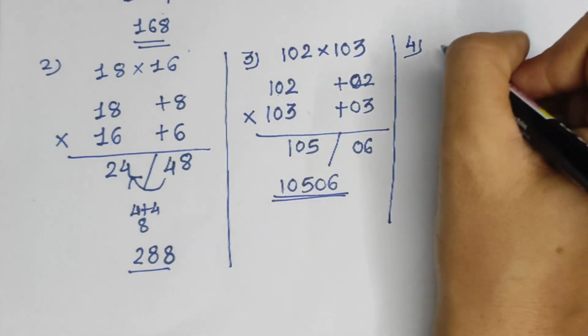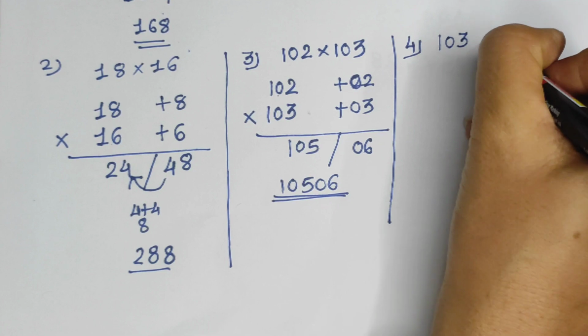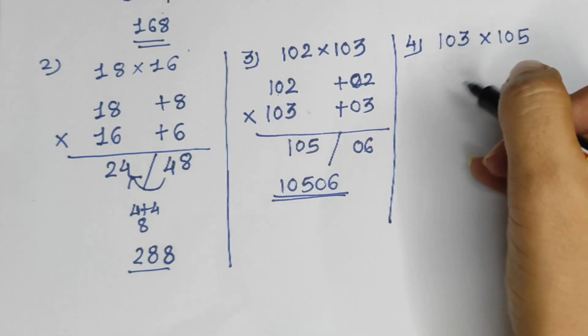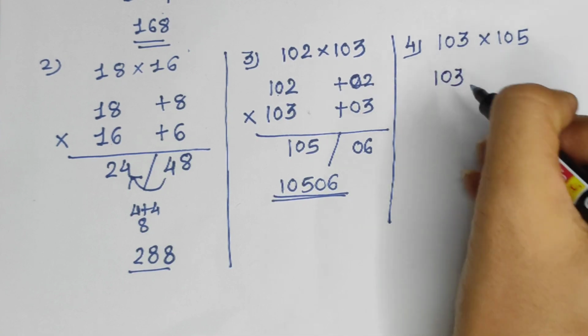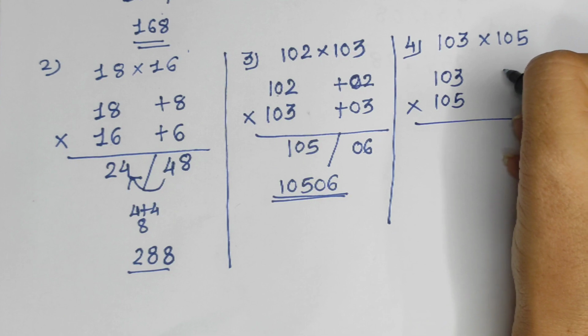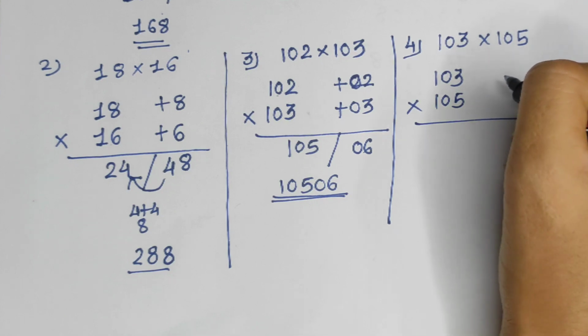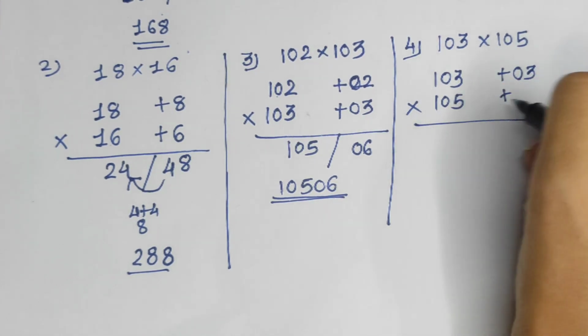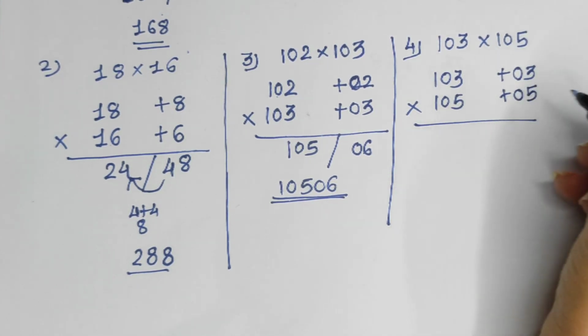We take another example. 103 multiply 105. We write down the numbers and we write the deviations: 03, and for 105 the deviation is 05.